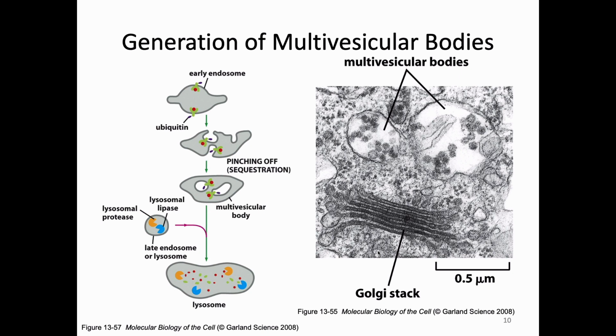With a multivesicular body, an endosome starts to almost phagocytose itself. Here you can see that the multivesicular body gets little areas inside of it that pinch off. They make multiple vesicles inside it, hence multivesicular body.